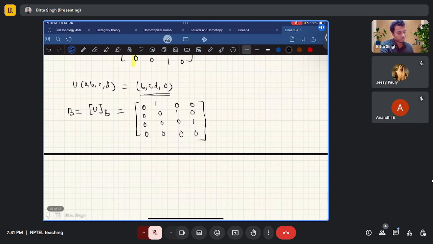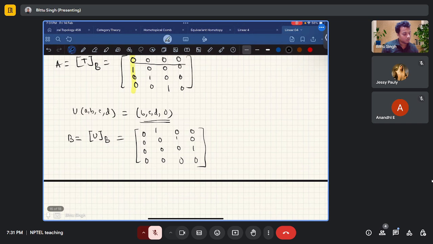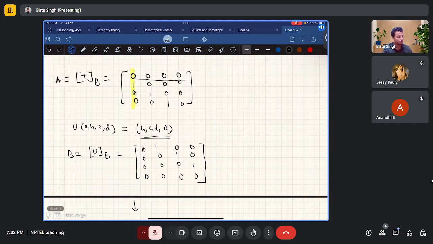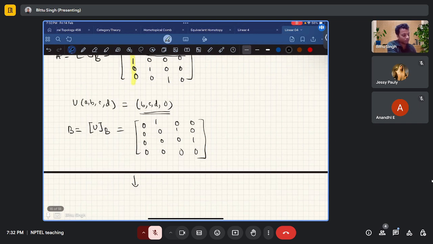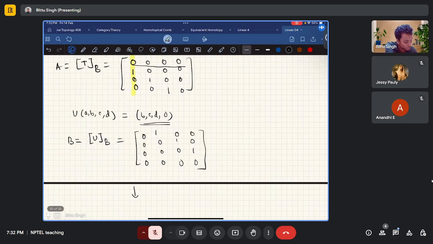We start with B and perform symmetric row reduction so that it gives us A. Maybe by row reduction, exchanging those rows can give us A. So let me see if it is possible or not.